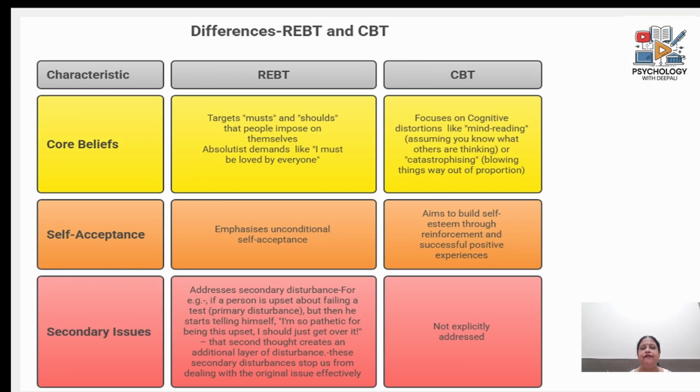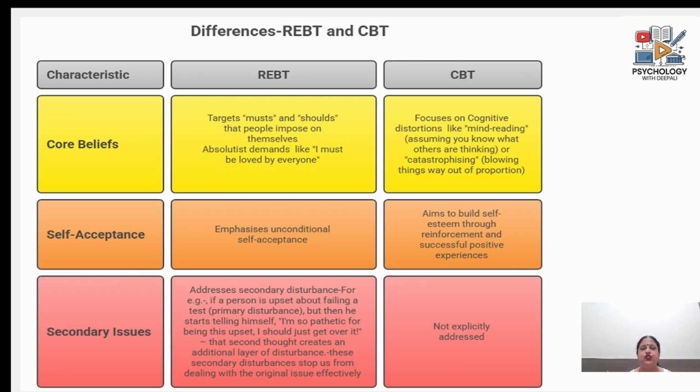Then, in terms of self acceptance, REBT emphasizes unconditional self acceptance, while in CBT, the effort is to build self esteem through certain techniques which bring positive reinforcement to the person and provide successful positive experiences.